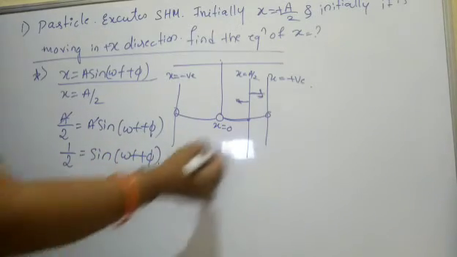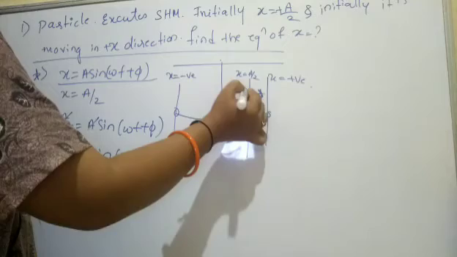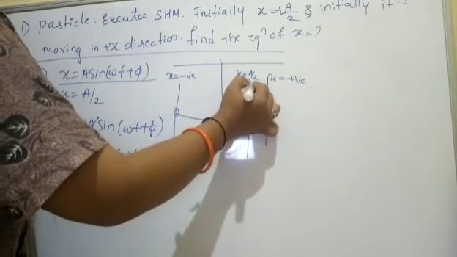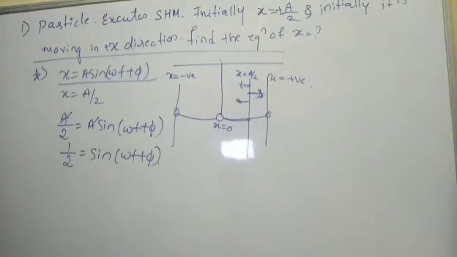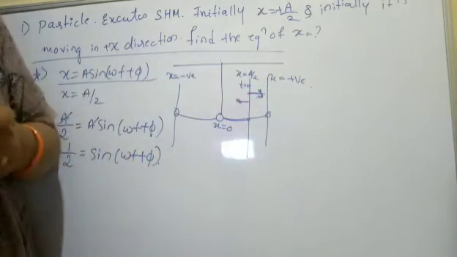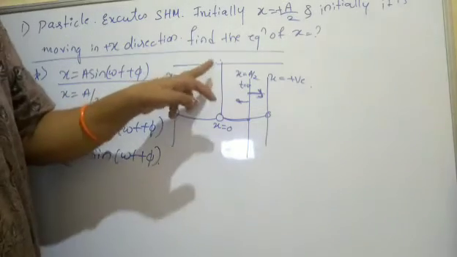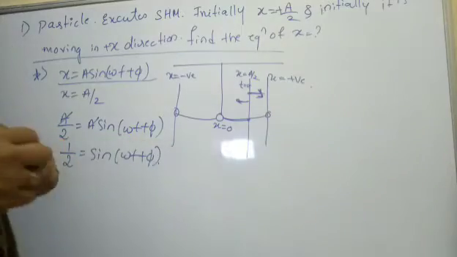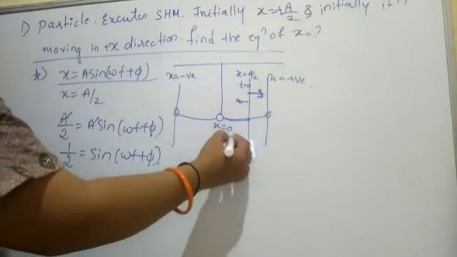So look here, when the particle is moving from this position at a/2, this point at t = 0, where does it begin? Earlier, we may say the particle was moving from the mean position. At that time t = 0.